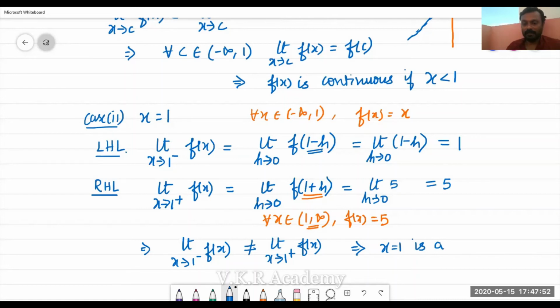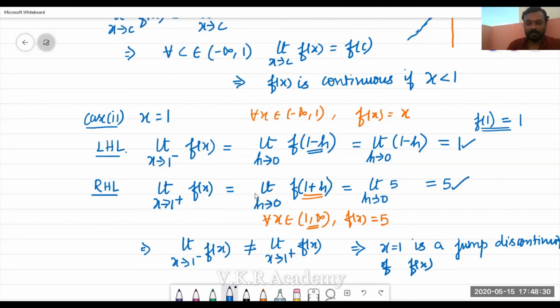Function is also defined. We know f of 1 is equal to 1. Function is defined, left hand limit exists, right hand limit exists, but they take different values. So it is going to be a jump discontinuity. Yeah, very good. x is equal to 1 is a jump discontinuity of the function f of x.